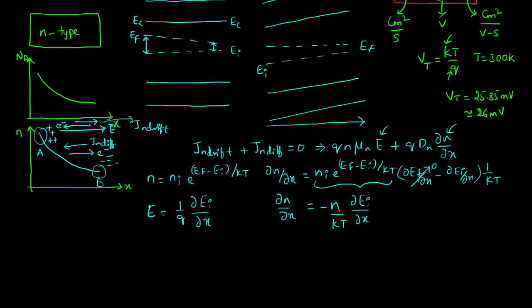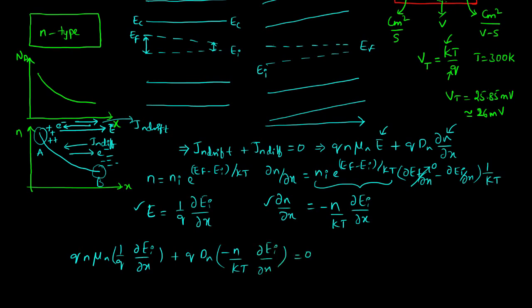So now let me take these two equations and substitute in this equation so that we can write this as Q times n mu n times 1 over Q times del Ei over del x. This quantity is nothing but the electric field. Plus Q times Dn times del n by del x, which is nothing but minus n over kT times del Ei over del x. This should be equal to 0.